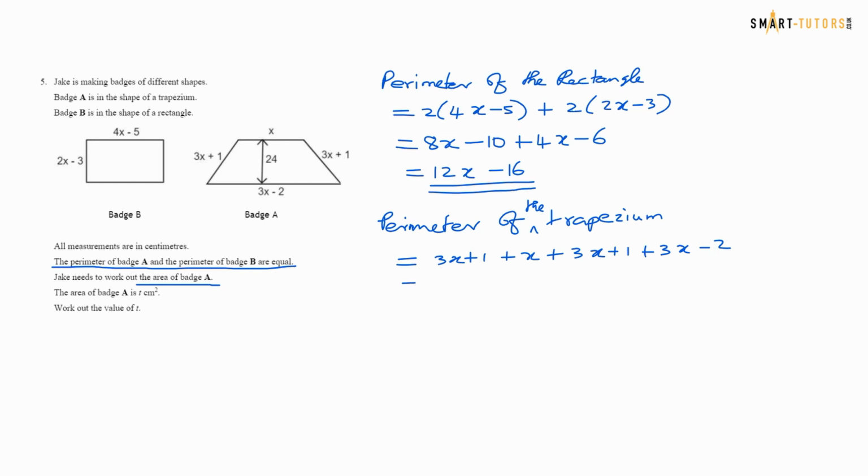Collecting like terms, 10x, and plus 1 plus 1 take away 2 cancels. So 10x is the answer.